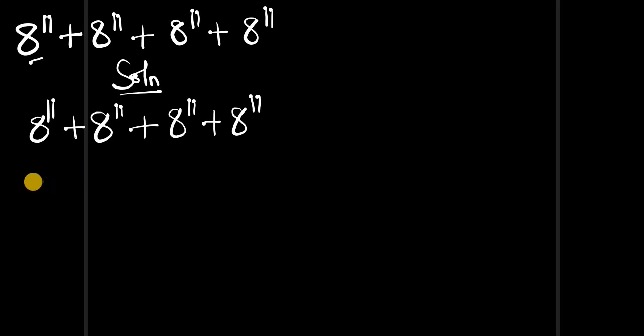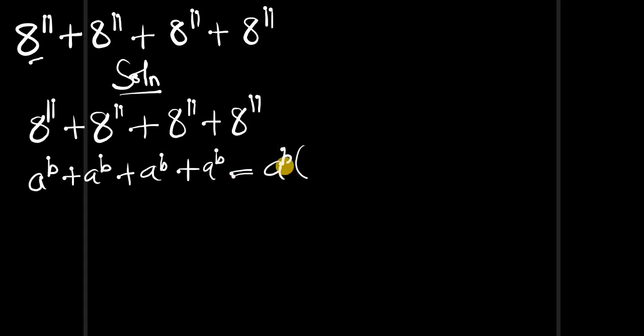Right now, let's consider this identity. If you have a to the power of b plus a to the power of b plus a to the power of b and plus a to the power of b, you can bring out one of these, a to the power of b, then divide each term by a to the power of b, and you're going to have 1 each time.